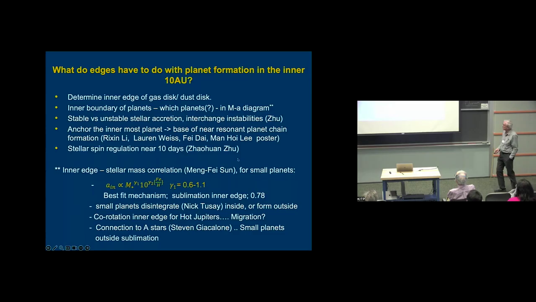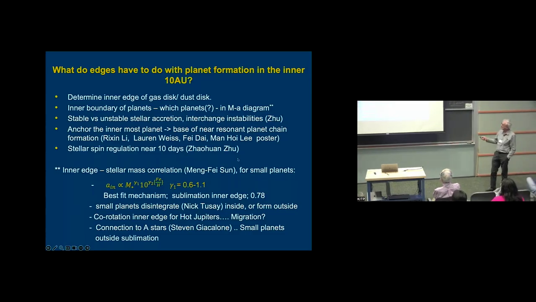Mengfei Sun this morning gave us a wonderful talk on characterizing the inner edge distance as a function of stellar radius, and came up with this coefficient, this power law, 0.6 to 1.1, which is the best fit for the mechanism to the sublimation inner edge. We were talking about small planets. So small planets know about that dust edge.